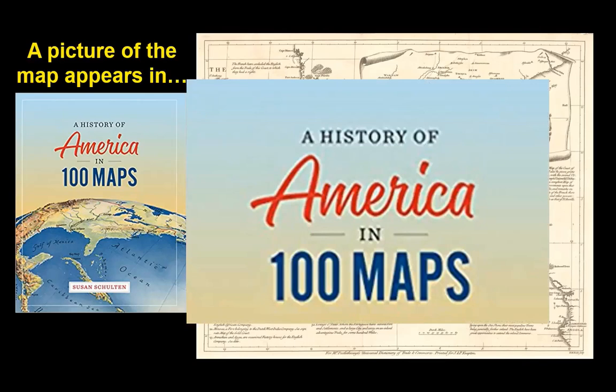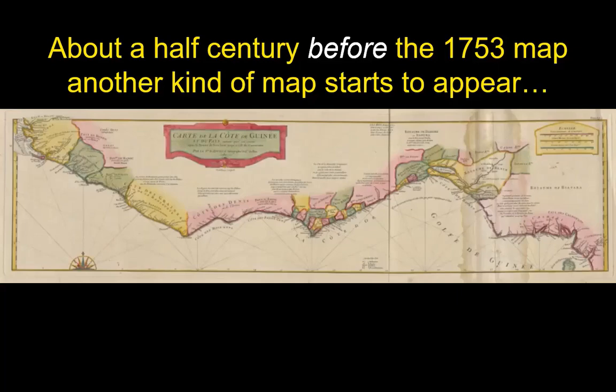Now, what would a map about West Africa have to do with the history of America in 100 maps? Well, Susan Schulten, the author of the book, makes it clear. This was very important. Why? Well, it's a great question, and she answers it by looking at the importance of West Africa for both the slave traders at the time and for the abolitionists.